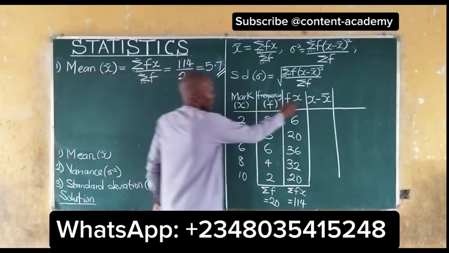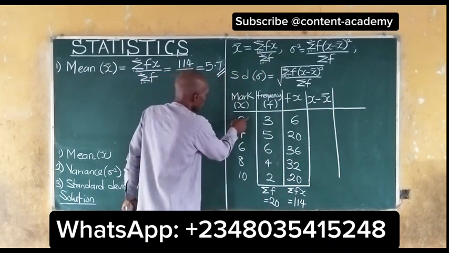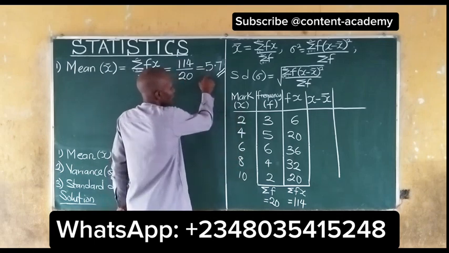To get x minus x bar, we subtract the mean from the individual values of x.